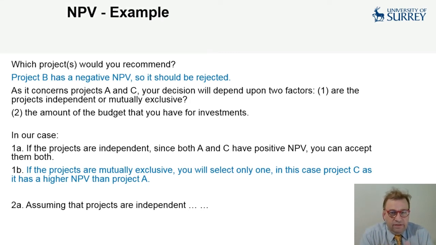But if they are exclusive and we have only this 10 to invest, we cannot invest in both because we do not have 20, we have 10. So we select the one that has higher NPV. So project C has to be selected because it has higher NPV.